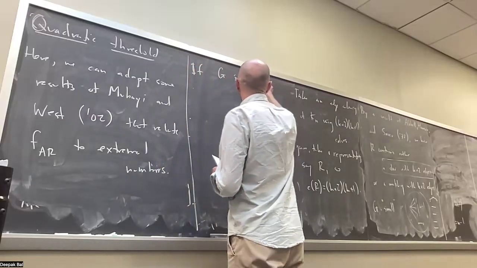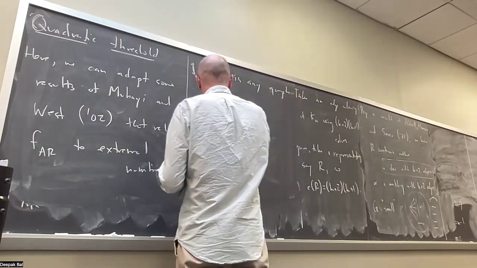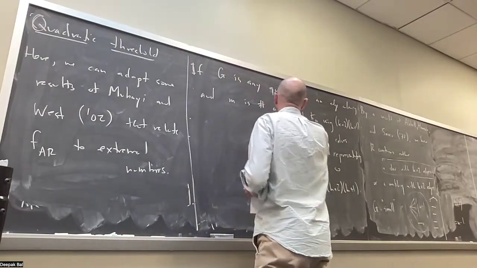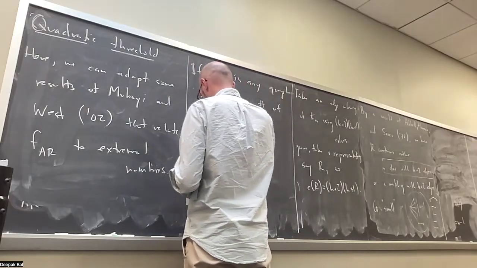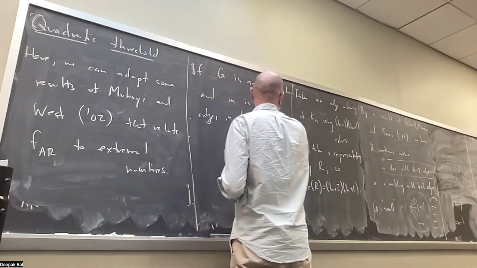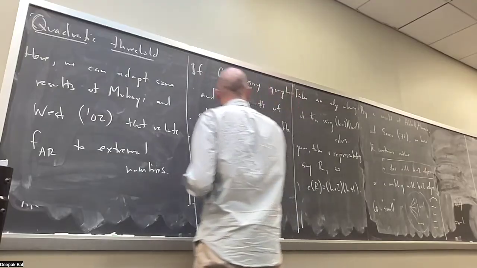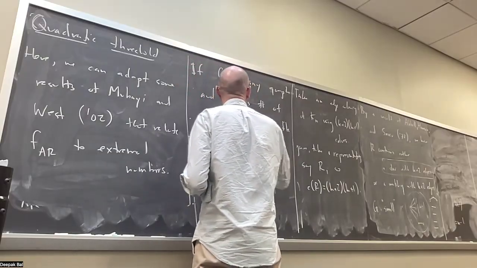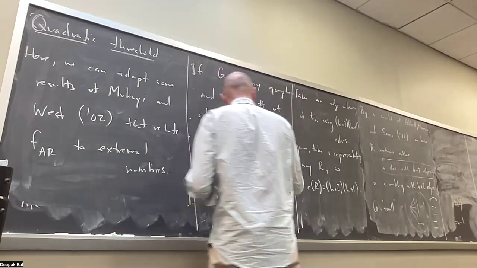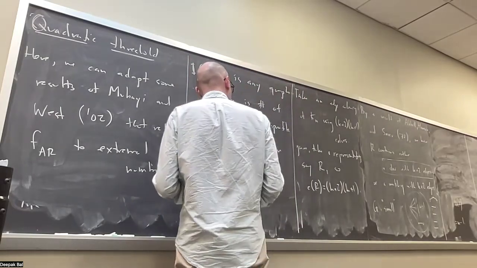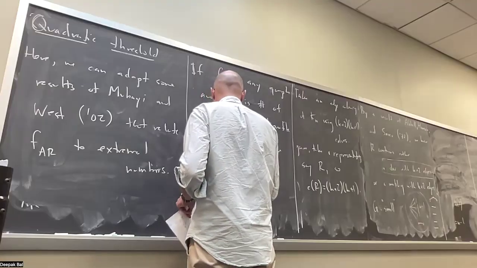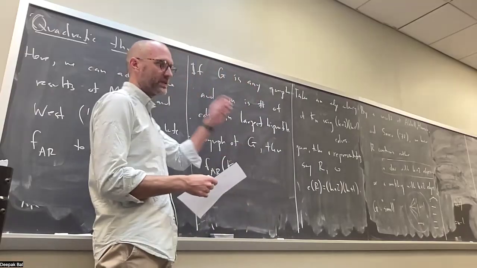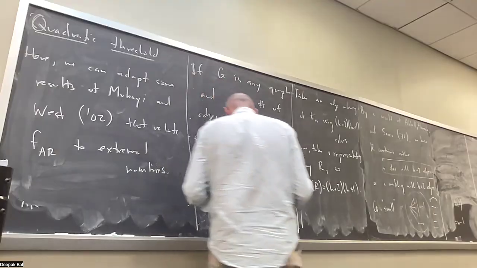So G is any graph, and M is the number of edges in the largest bipartite subgraph. So of course, if G itself is bipartite, then that's just the number of edges in G, right?